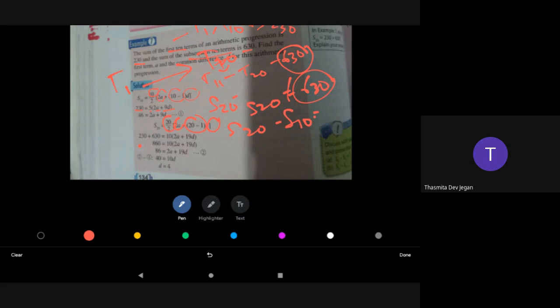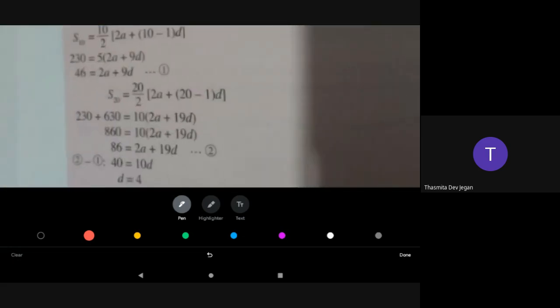Where does this come from? Here, it is from S20. S20 is T1 until T10, then T11 until T20. So this is T1 until T10, and this one is T11 until T20. This one plus this one, we get S20.